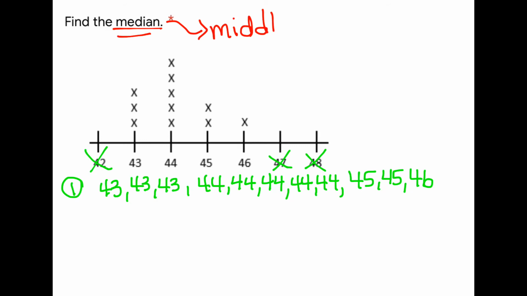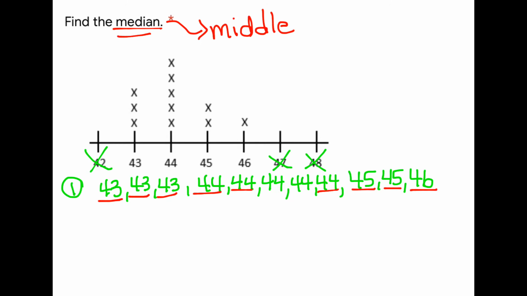The median is the middle. Now this is how I personally find the middle. I don't cross off my numbers, but I underline them so I can still see them. I underline my first and my last. Those two are done. My second to first, second to last. My third to last. My fourth to last.